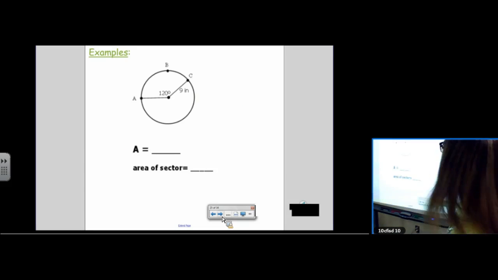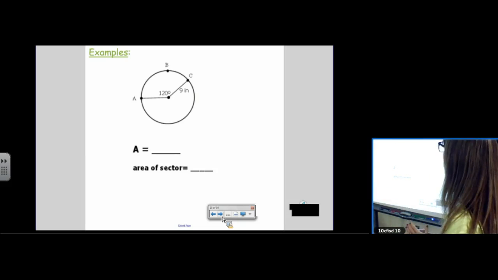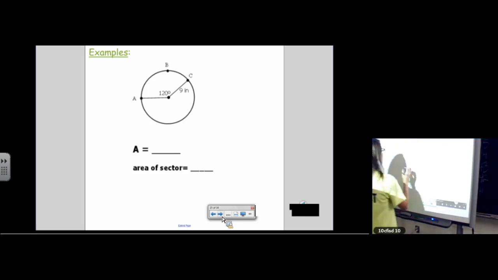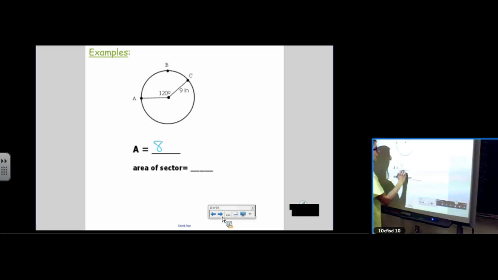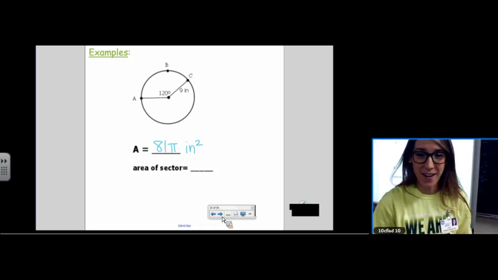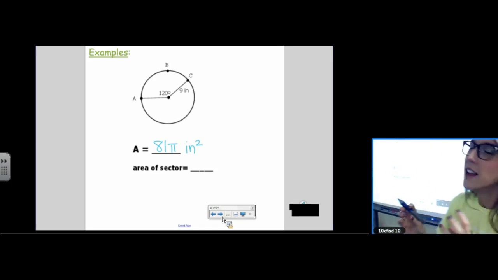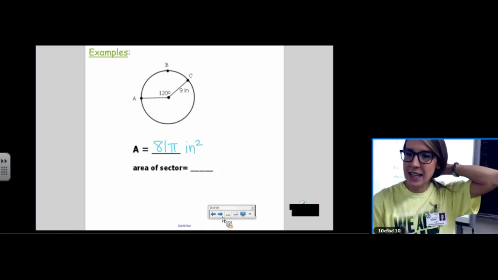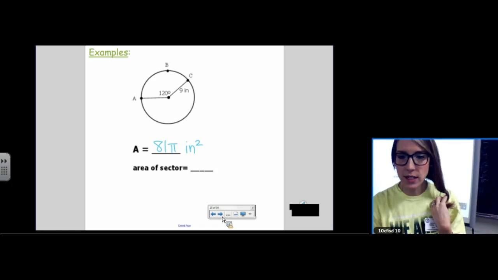Let's try one. Let's start with the easy part. What is the area of this circle? Pi r squared. Don't press pi. Good. So the area is 9 squared, 81 pi inches squared. We have not been through the area and perimeter unit, so we're not really used to writing units everywhere, but I do want you to write it. It is square inches is the units.